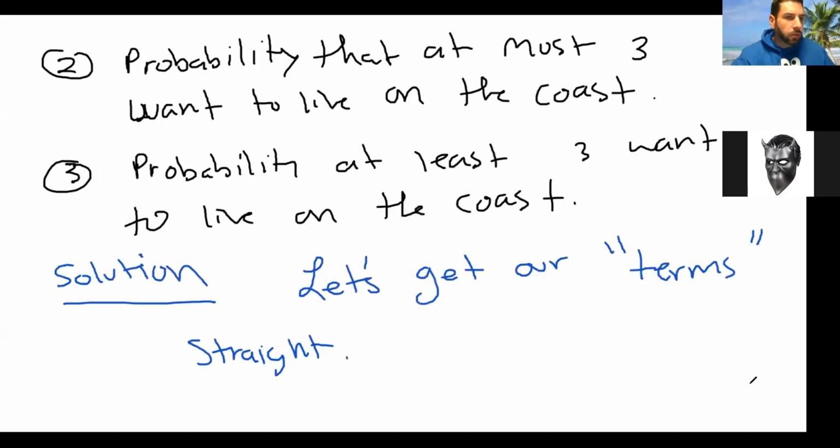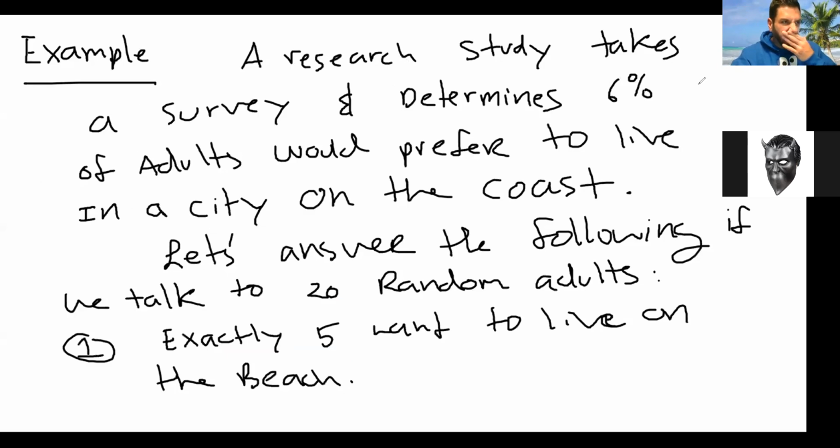So if we're going to ask 20 people that, and if we go back to these phrases, let's go even back 1 page. The very first thing we wanted to know is that exactly sort of what is the probability that if 5 of those 20 people want to live on the beach or live on the coast.